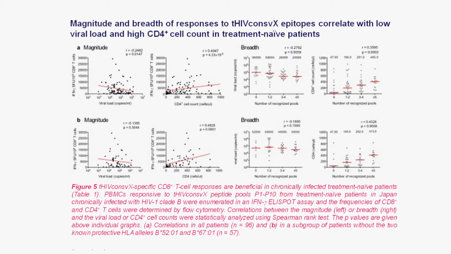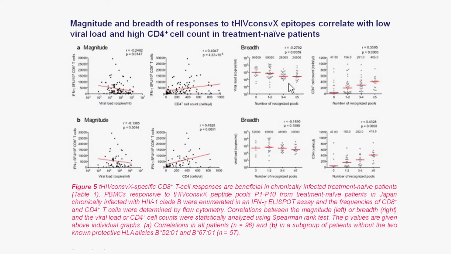And we have shown that the higher the magnitude of these responses in this cohort, and the broader the immune responses that these patients have, the lower the virus load and the higher the CD4. So this is the magnitude. The higher the magnitude, the lower the virus load; the higher the magnitude, the higher the CD4 T cells.